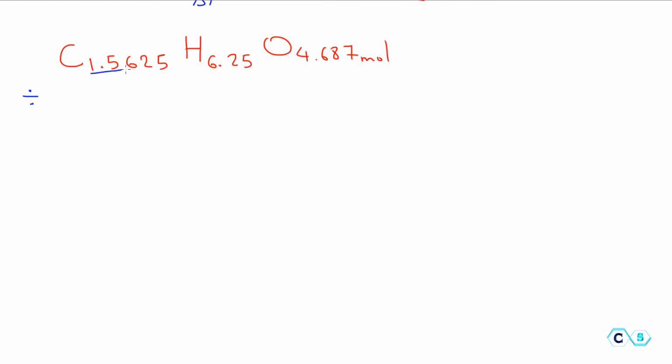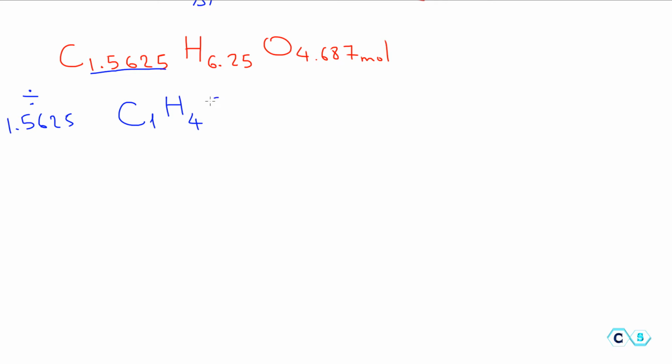So 1.5625 is the smallest number, so I'm going to divide everything by this number. The reason we divide by the smallest number is that now we'll have carbon 1, and H will be 6.25 divided by the smallest number, which gives us 4.